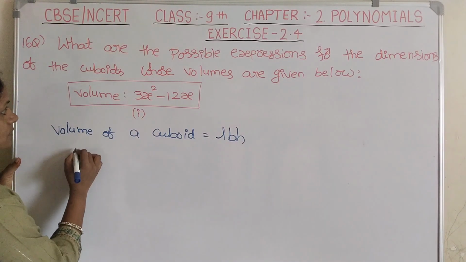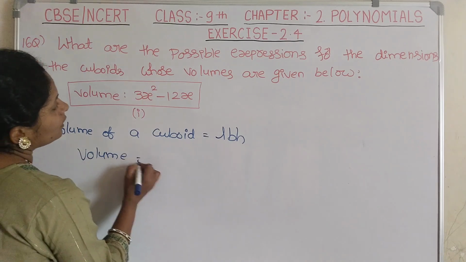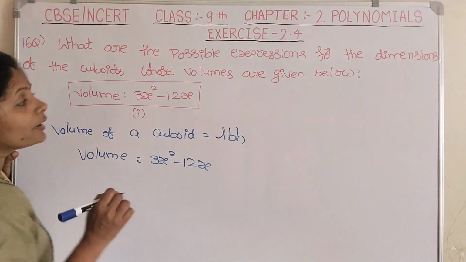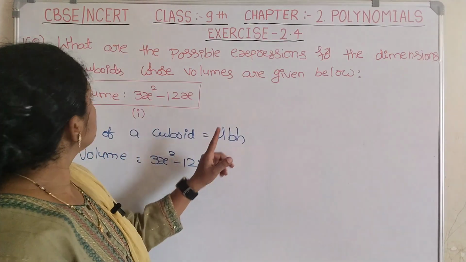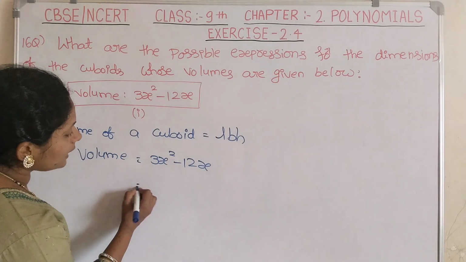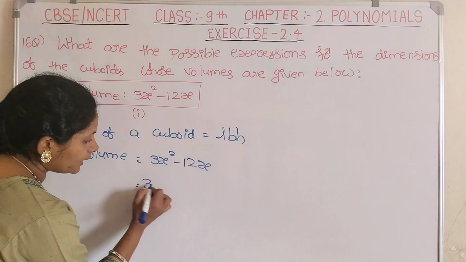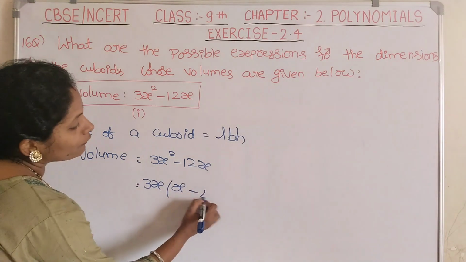Given volume is equal to 3x square minus 12x. Here also we have to get the possible expression for the length, breadth and the height. If we take 3x common from these two terms, then x will remain, minus 4.